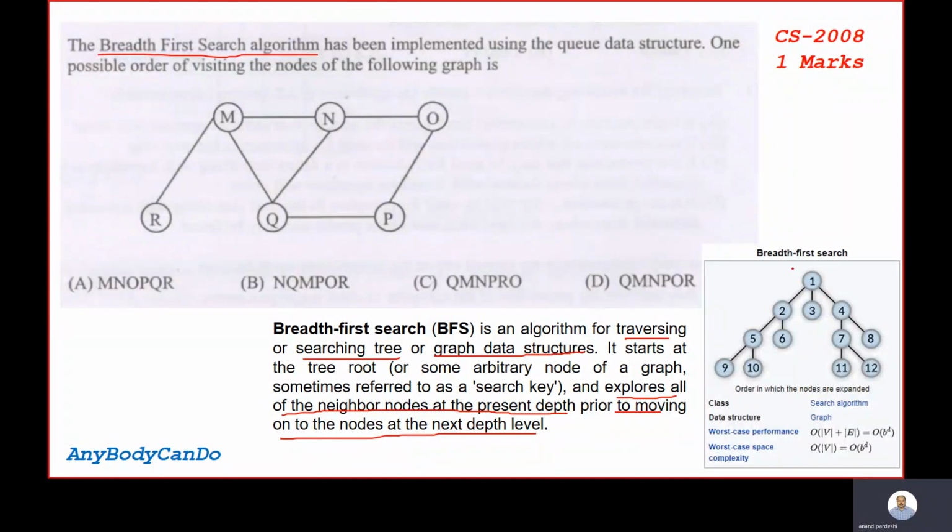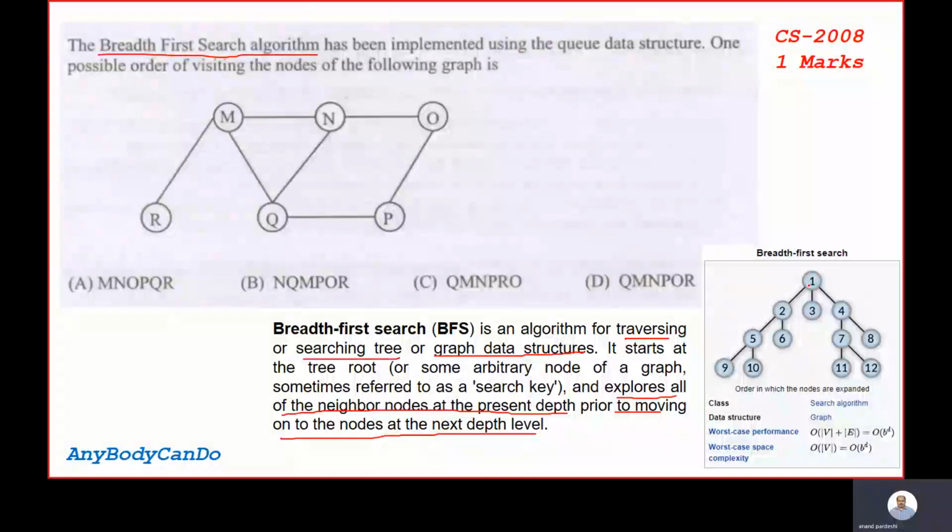So here you can see the example order in which the nodes are expanded. This is the tree root, which is 1, and in breadth first search, what we are basically doing is we visit or explore all the neighbor nodes at the present depth prior to moving on to the nodes at the next depth level.